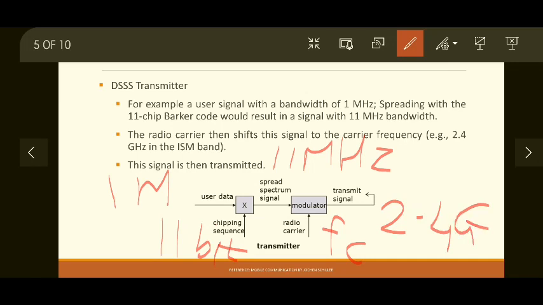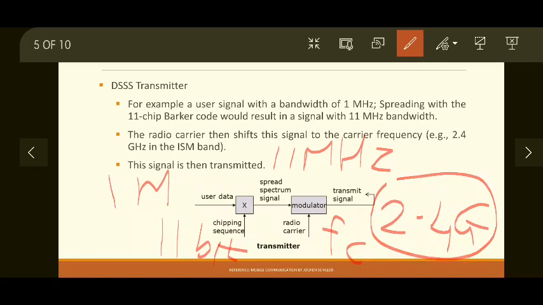Okay, so one question that would arise: why are we not using 2.4 gigahertz frequency at the chipping level? First thing, generating 2.4 gigahertz from hardware is a very difficult task. Crystal oscillators or other oscillators capable of generating high frequency will not be stable at such high frequencies.